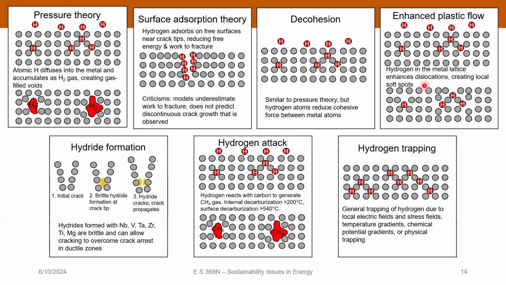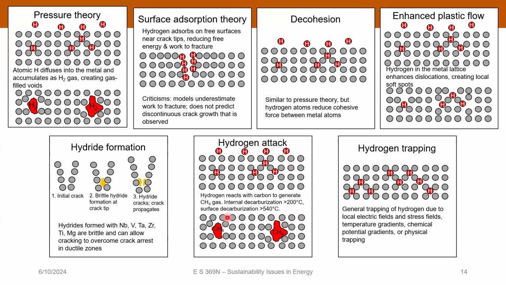It also causes dislocations in the lattice, which gives you soft spots. You can form metal hydrides, particularly with niobium, vanadium, tantalum, zirconium, titanium, and magnesium. These hydrides are brittle, and they can cause cracking in the steel.